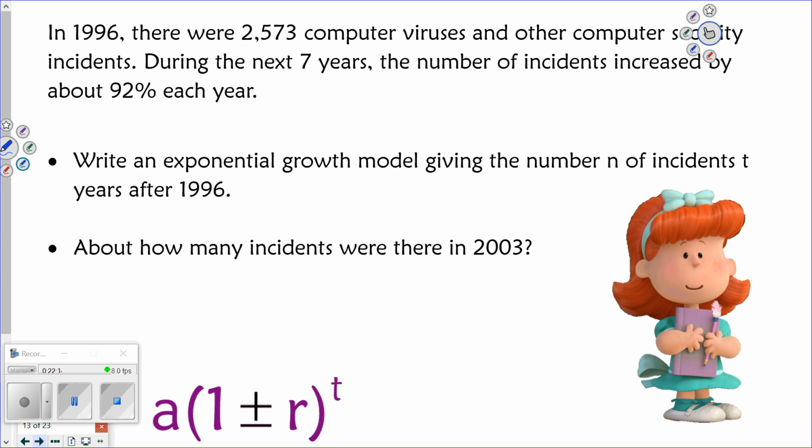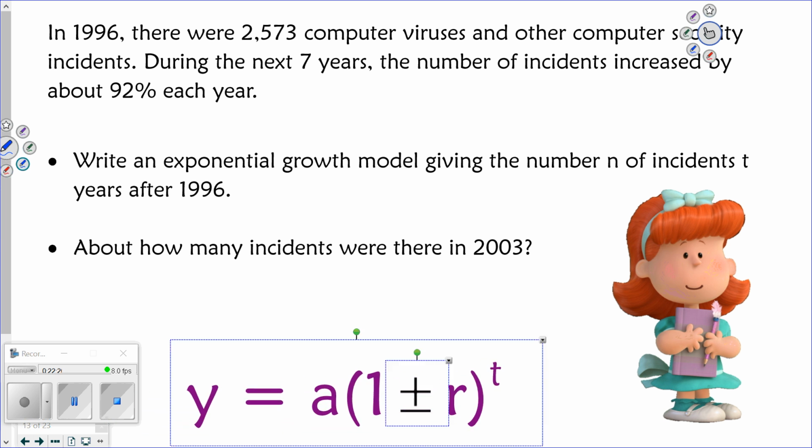The number n of incidents. Which variable is that? Is it y, a, r, or t? The number of incidents is y. I'm solving for how many incidents there are, so it's my y. So n equals, can I use the a?